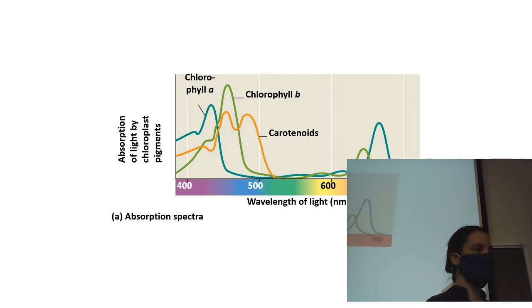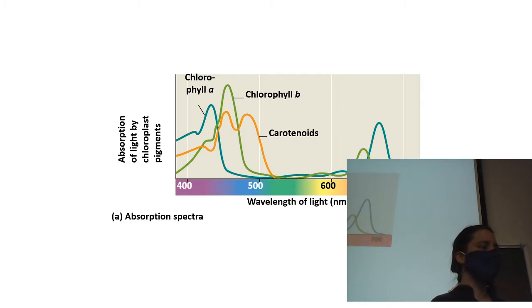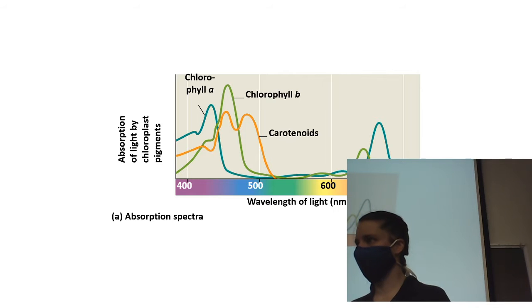And you'll notice for this standard plant, it does a good job of absorbing blue and purple light. It does a pretty good job of absorbing red and orange light. And green light right there is the kind that's not getting absorbed very well.